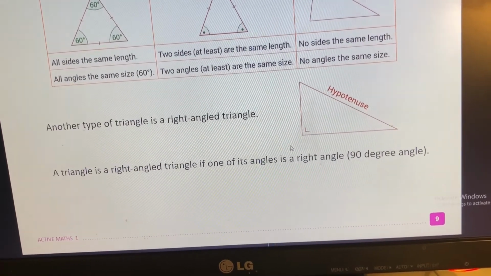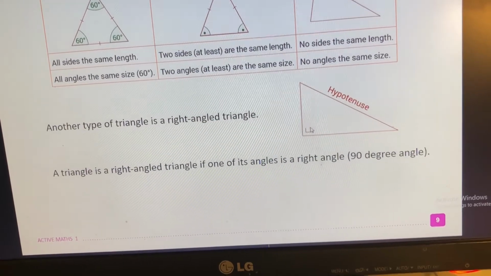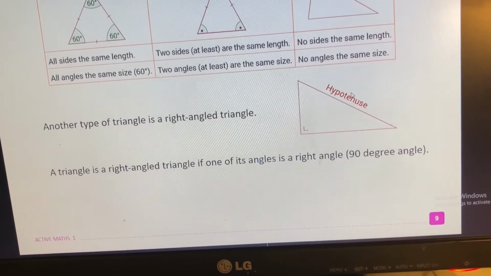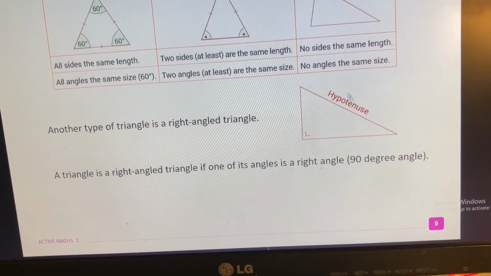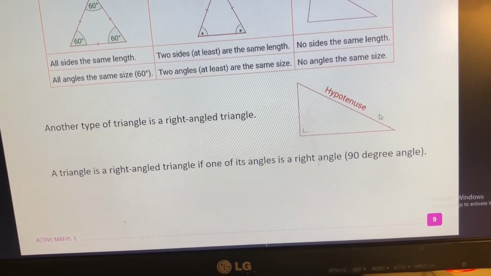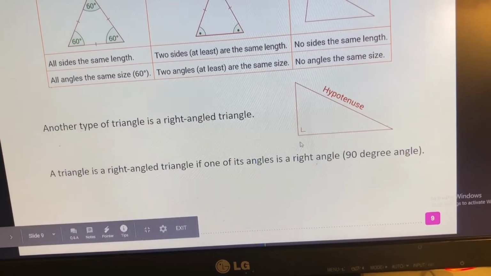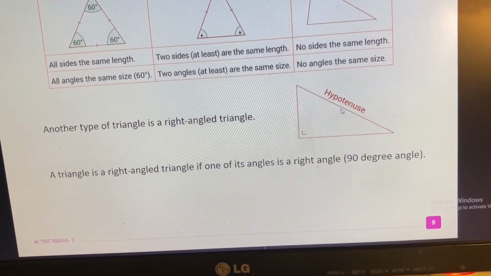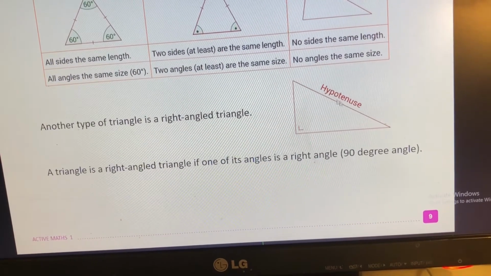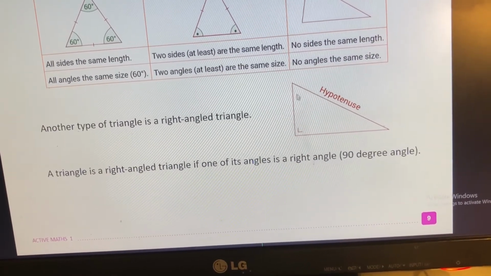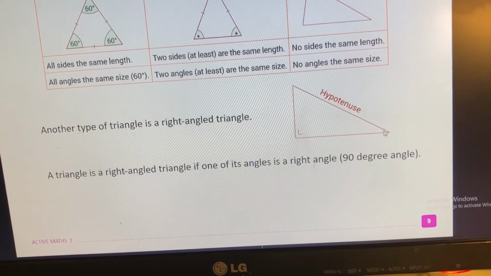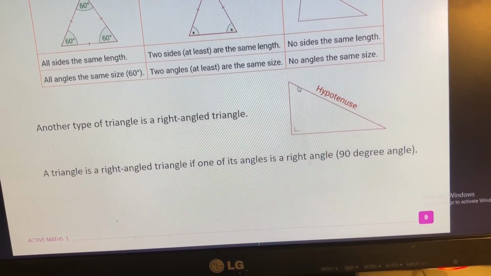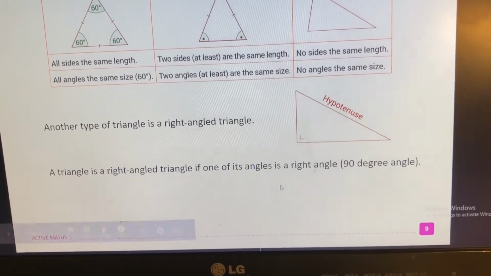So if I was to approach the right angle and put an imaginary line and keep going, I would cross one side of the triangle only, and that's the side that we call the hypotenuse. So some people like to remember that the hypotenuse is opposite the right angle, or alternatively, it's the side that does not touch it. So look, here it is. That's not the right angle. It's not touching it there, and it's not touching it there.